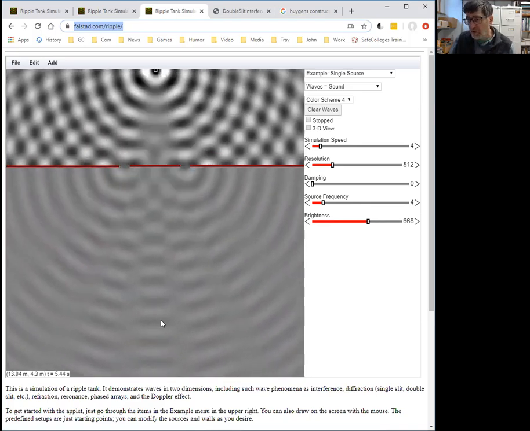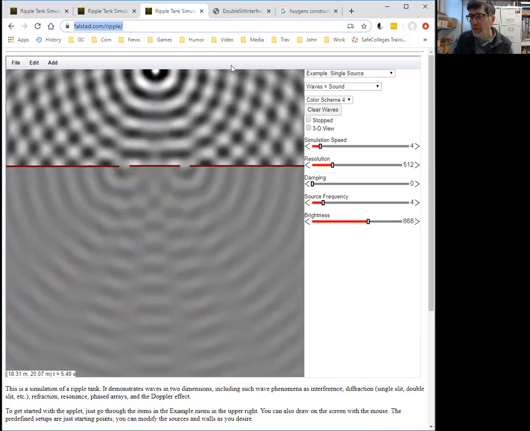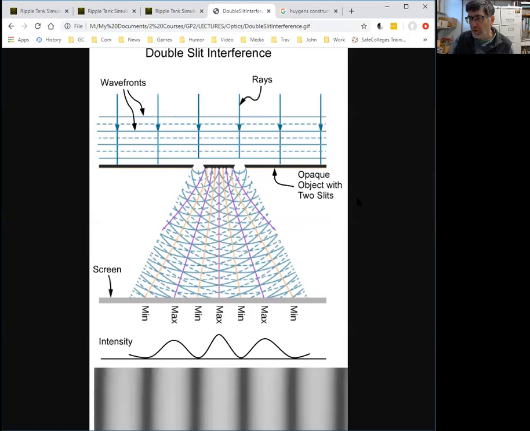Okay, next we want to try to analyze this a little bit more mathematically with a diagram. So let's take a look at a diagram that shows something rather similar. So here are the waves approaching the slit. In this case, I've got plane waves. We had hemispherical waves before, but it's the same analysis essentially.